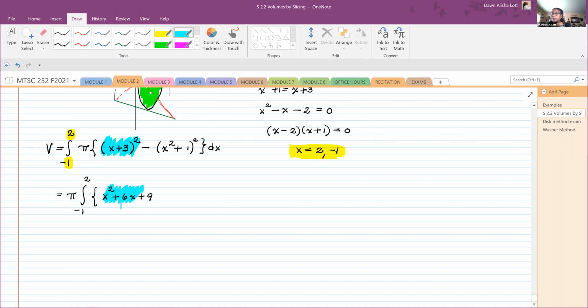I foiled it. Then I'm subtracting off, and I'm going to FOIL this, so I get x to the 4th plus 2x squared plus 1.